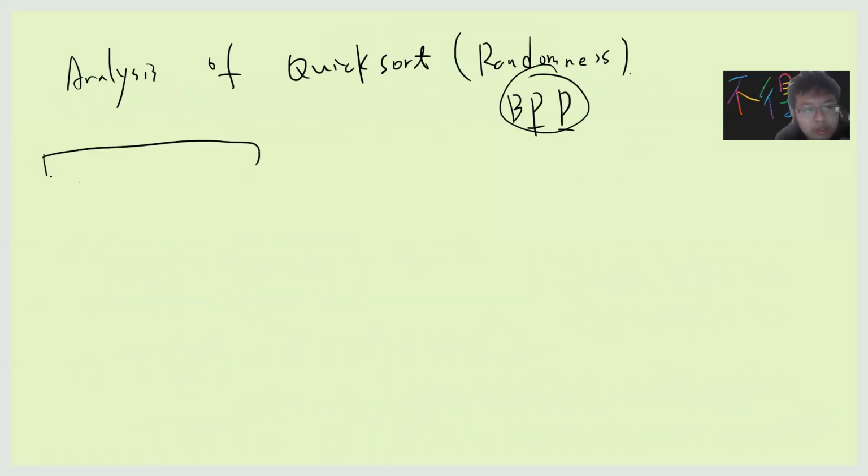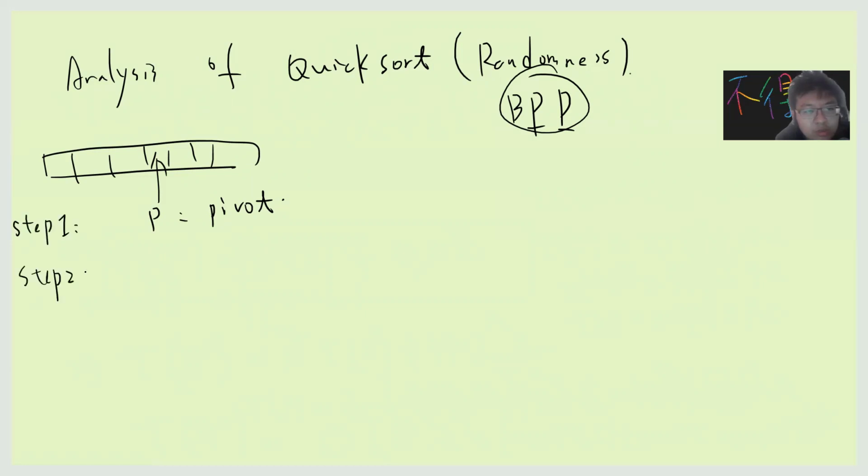The idea is that somebody gives you an array, and you choose a pivot P. Step 1, you randomly choose a pivot. Step 2, you do the so-called partition.